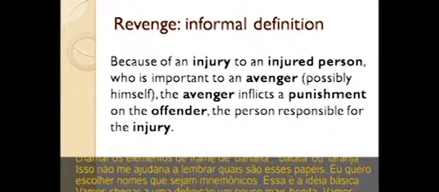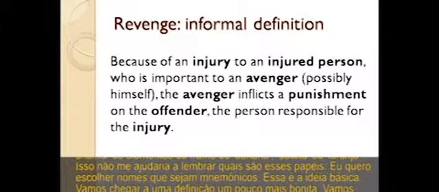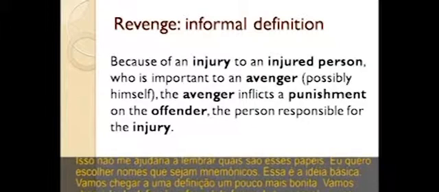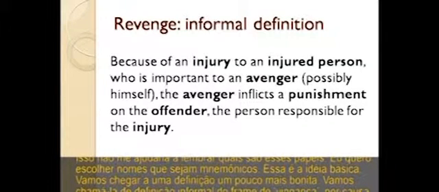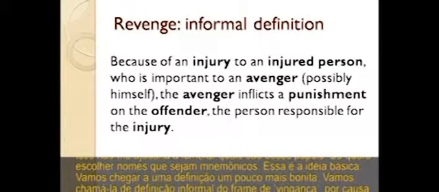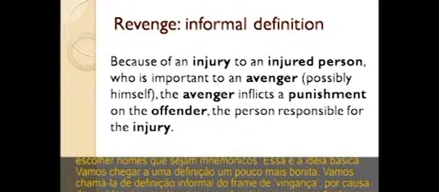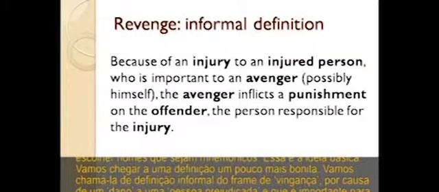Notice that this informal definition also is not beautifully crafted. But again, that's not the goal. The goal here is to make sure to characterize the situation in terms of all of its concepts.